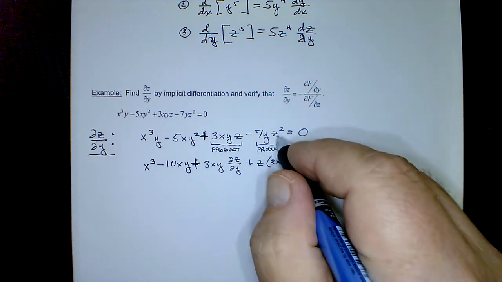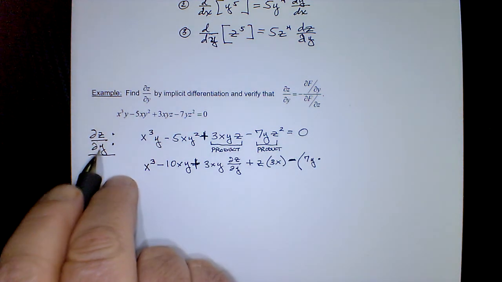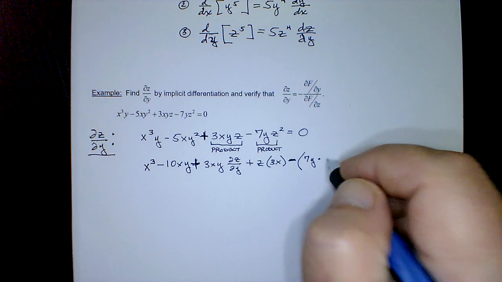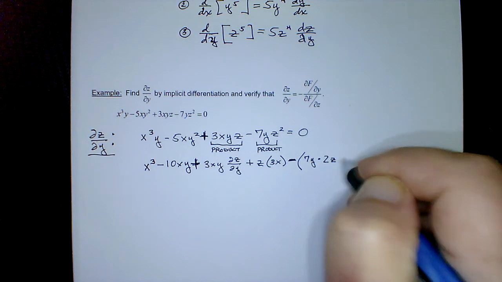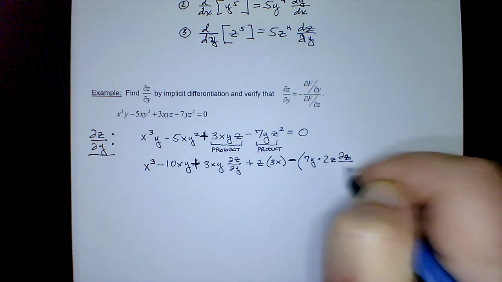Derivative of the second, differentiating z squared implicitly with respect to y. That's why it's helpful to put this off to the side, because now when you differentiate z squared you get 2z, but then you need the partial of z with respect to y.